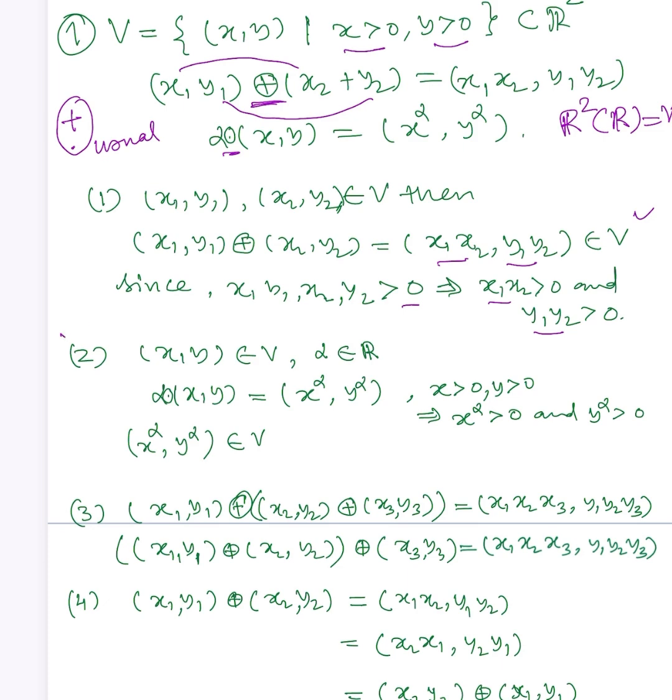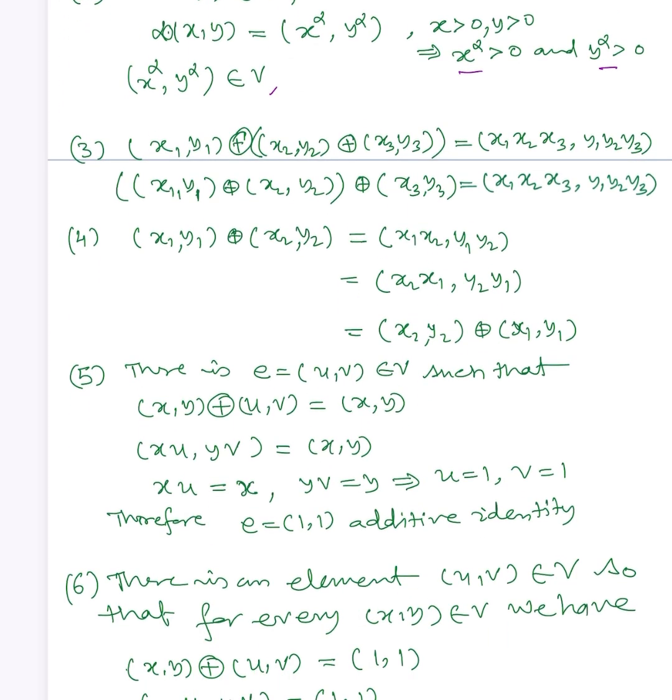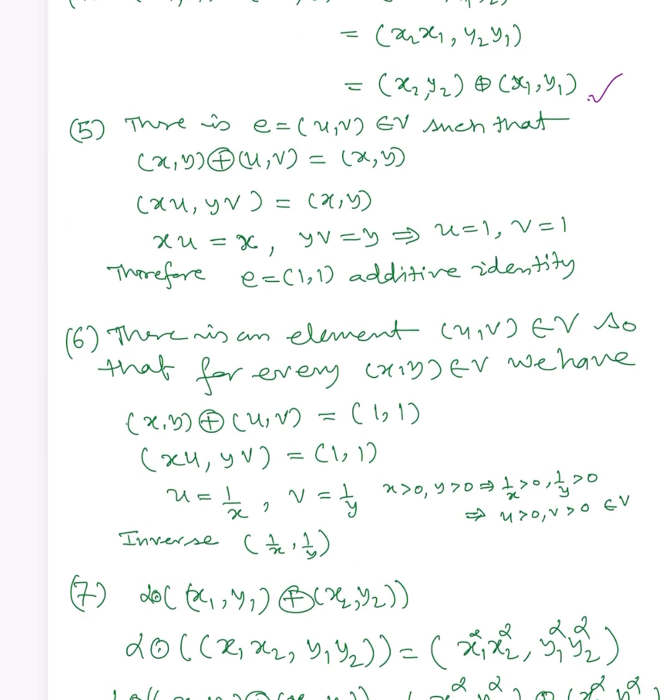Similarly, the second property, if you check, is also going to be satisfied. It belongs to V, closed under scalar multiplication. Third property, the associative property, is also going to be satisfied because x1, x2, x3 are all greater than 0, so their product is also greater than 0, and this belongs to the space. The associativity property also holds true.